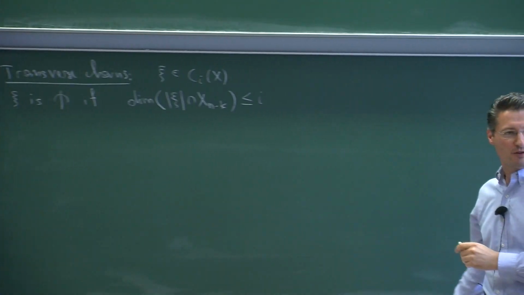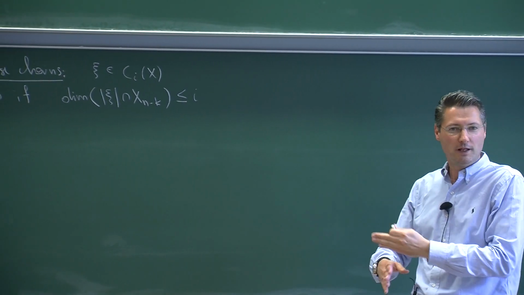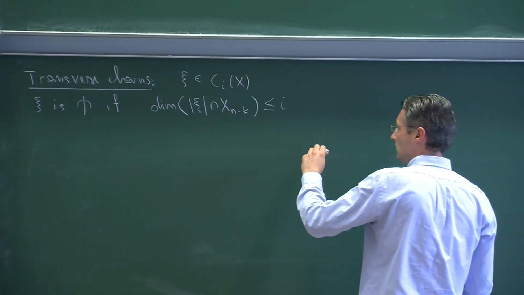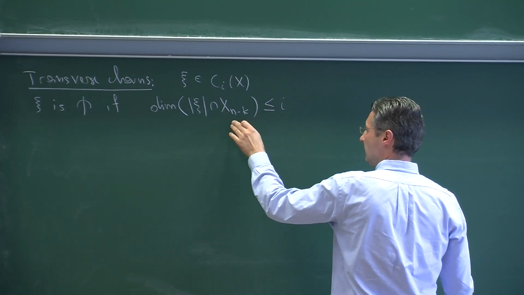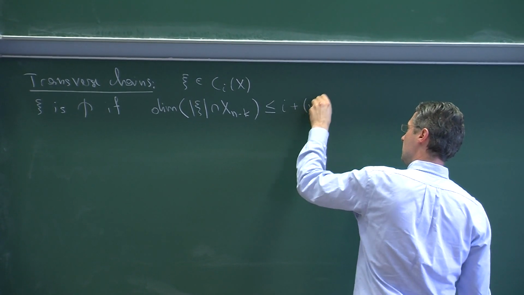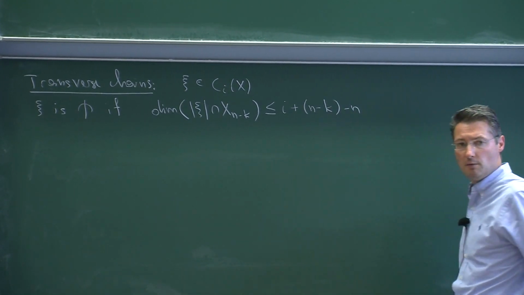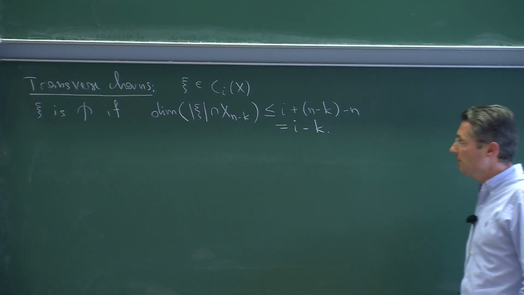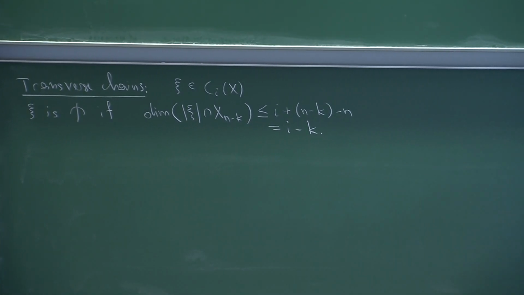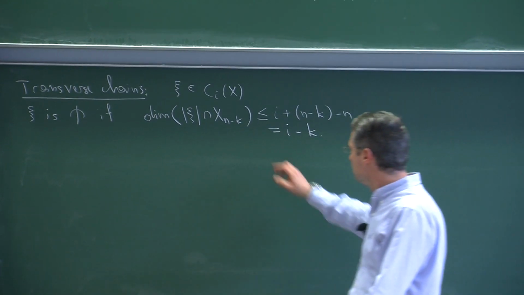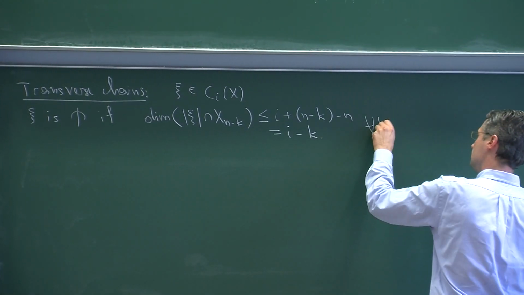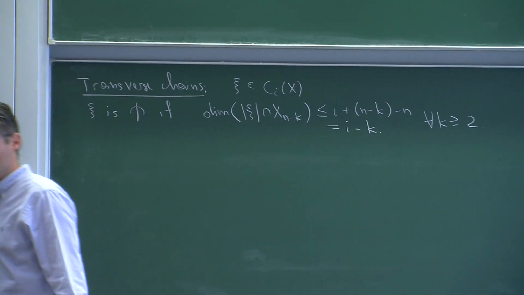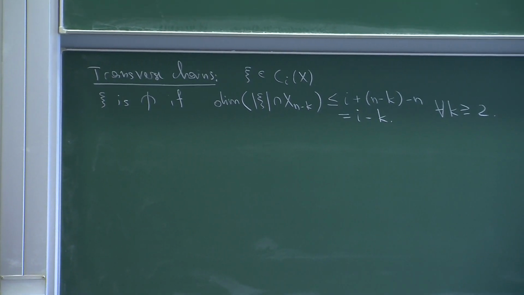Now, what should it be in the transverse case from linear algebra? When do two vector spaces intersect transversely? You take the sum of the dimensions of the subspaces, and then you subtract the dimension of the ambient space. So this is nothing else than i minus k. If this dimension is no more than i minus k, and this is true for all k, then I say the chain is transverse, or more precisely transverse to the strata.